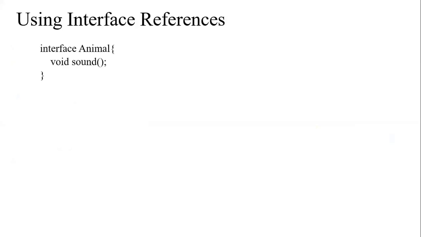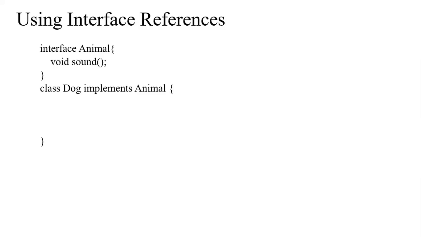Example. I have an interface which is called animal, and there is an abstract method which is called sound. Right? Now, when there is an interface, obviously there should be a class which implements this particular interface. Correct? So let us create a class which implements this particular sound method.